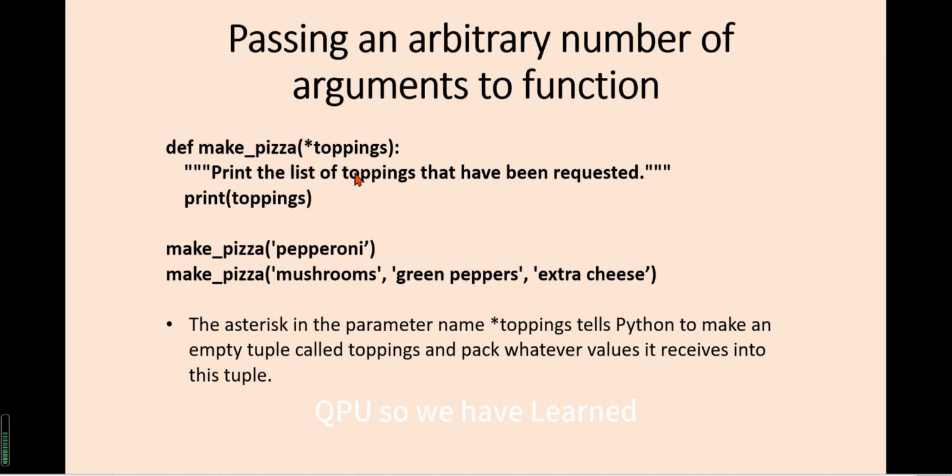So we have learned a tuple is actually a list, but an immutable list, which means we cannot modify tuples, but we can modify lists. So Python takes all the items when calling the function and puts them in this tuple called toppings. So we have to add a star in front of toppings here.